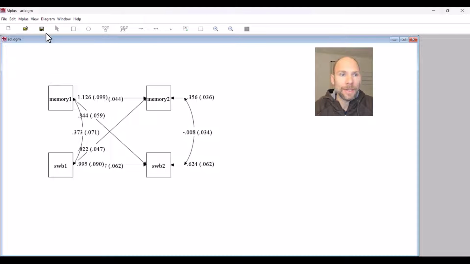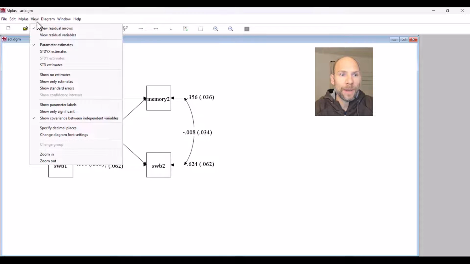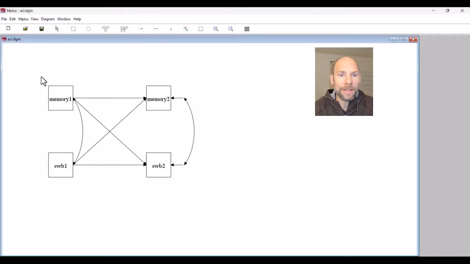If you don't want to see it, you can go to view and then you can click on show no estimates to only view the model, and here you can see the model structure that Mplus estimated with the autoregressive paths, here the cross-lagged paths, and then also the correlation between the exogenous variables at time 1 as well as the residual association, which we saw was not substantial here.